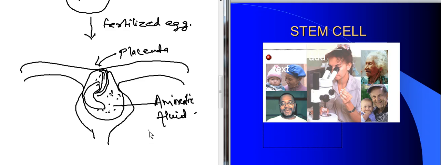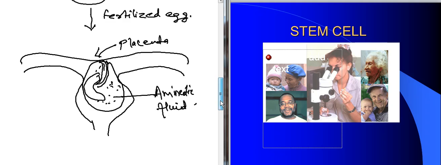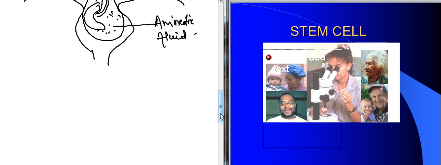Amniotic fluid. So we get two ways by which we can extract the stem cells. The first way, which we have just taken, is a technique called amniocentesis.